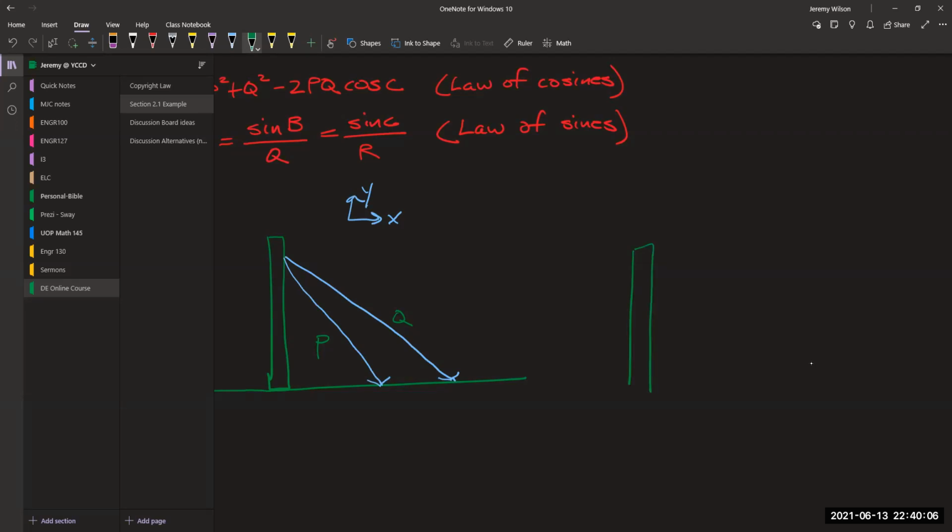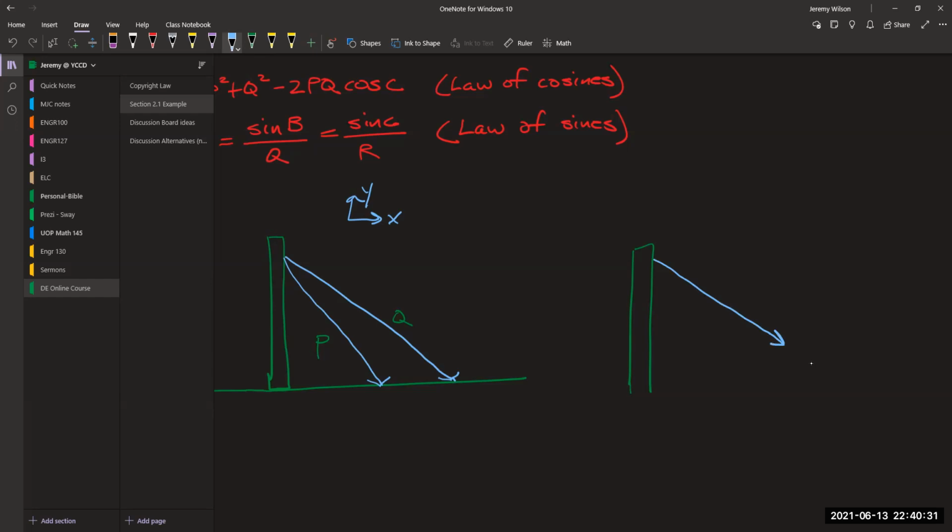I'm not going to show the forces at the bottom of the power pole because we're not being asked to solve for unknown forces in an equilibrium type problem, which comes later. So for now, I'm going to leave the bottom of the power pole as is. Yes, there would be forces down there from the ground. We call those reactions. But for now, I'm not going to do anything with that.